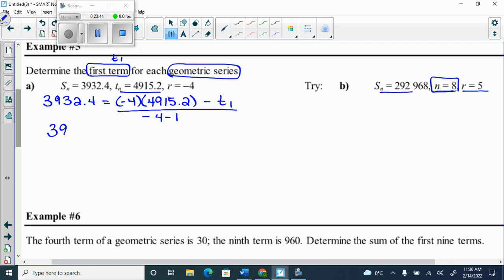So we do 3,932.4 equals negative 19,660.8 minus T1 over -5. Now the first thing you actually have to do is get rid of the -5. It is a division of -5. How do you get a division of -5 to go bye-bye? Times it.